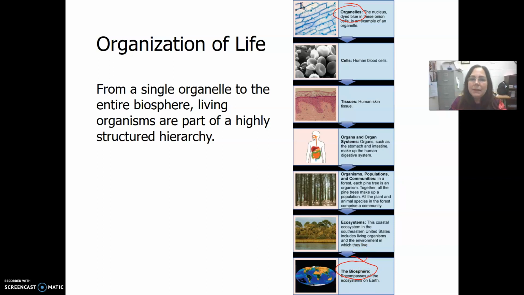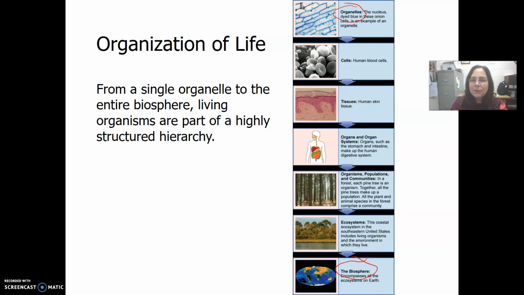Organelles, cells, cells group together to form tissues, tissues group together to form organs, several organs work together to form organ systems, and all the organ systems in a living thing form the organism, unless it is a single-celled or unicellular organism like a bacteria, and then its level of organization stops at the cell. That's the only time.